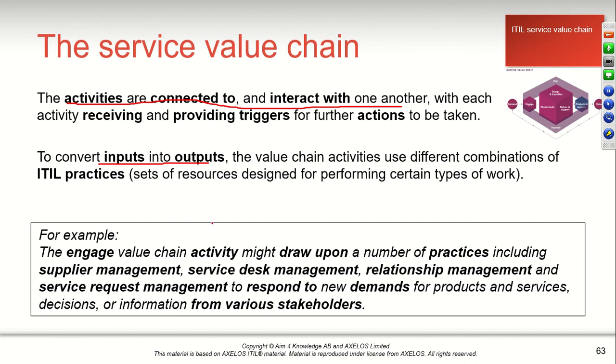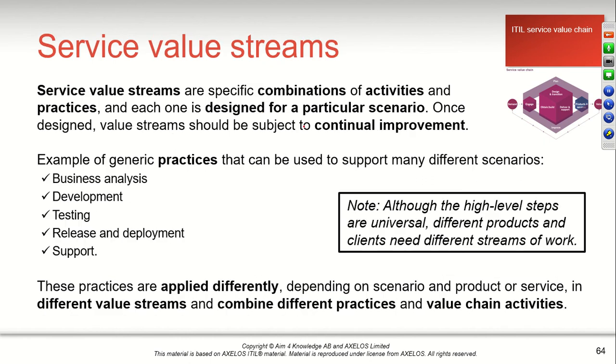And then these activities can make use of different practices such as supplier management, service desk management, relationship management, service request, and all others to be able to achieve the output.